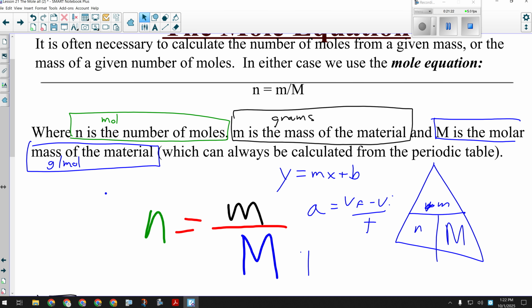Or... pretty sure you can't put roots and pluses and minuses in a triangle. These triangles are stupid, okay? And we're not going to use them anymore, okay? We're going to learn how to do algebra, because algebra ain't that hard, okay?